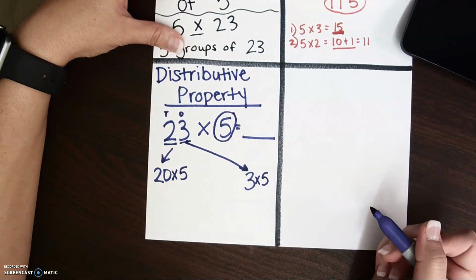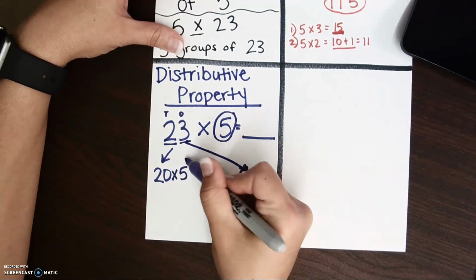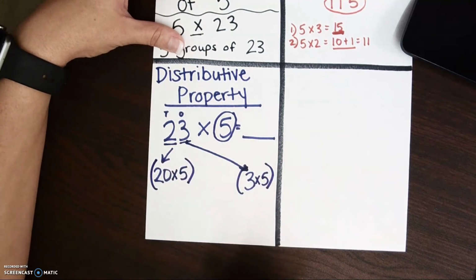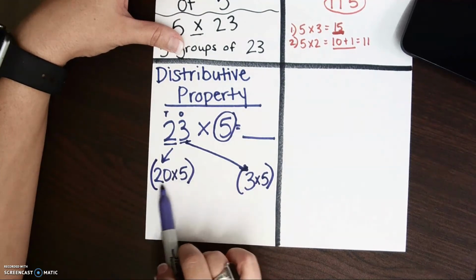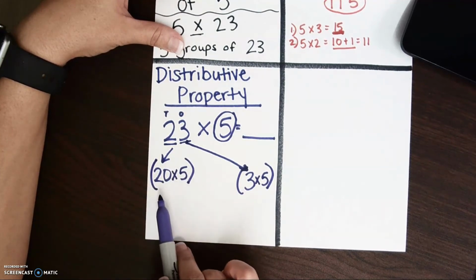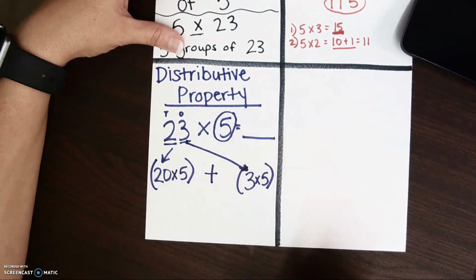And when he goes and visits those friends, I tell my students, he gives them a big hug. Those are also known as parentheses, okay? Parentheses just lets you know that whatever is in parentheses, you need to do first. And then we're going to put a big plus sign in the middle.